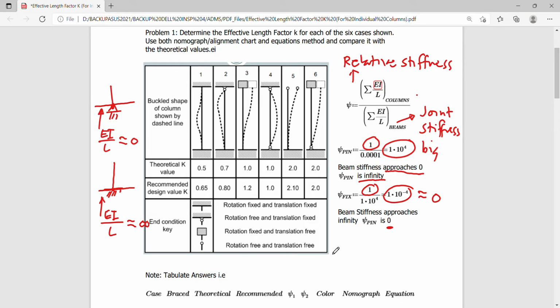So in summary, the psi of a pin joint is a very big value, while the relative stiffness of a fixed joint is a very small value which can be taken as 0.